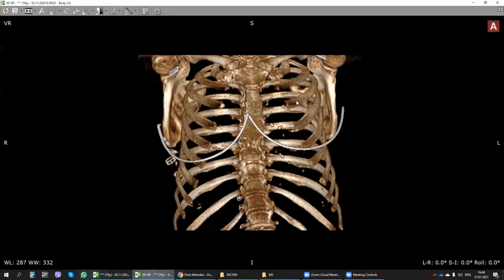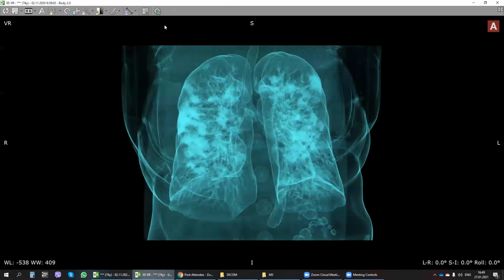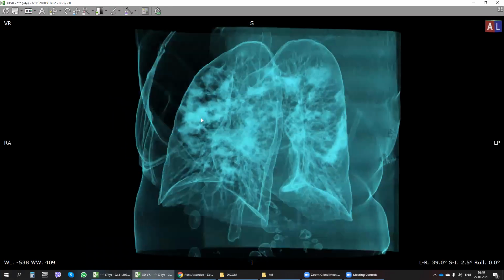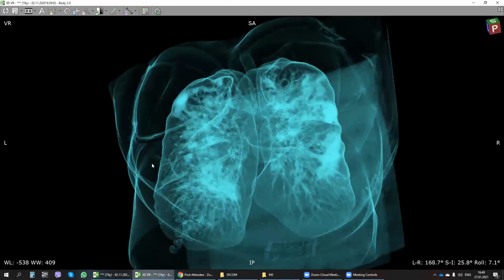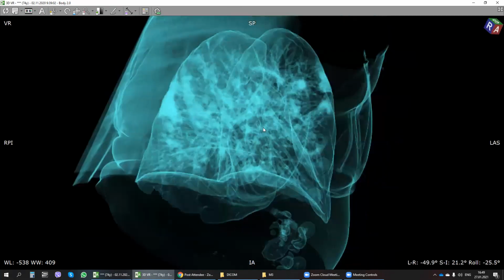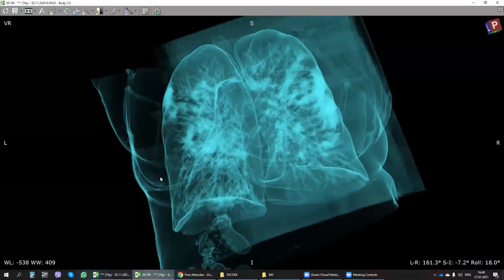As you can see here, the lungs cannot be seen right now. We can use different modes. For instance, we can switch to the airway mode here and look at this image in 3 dimensions. And we can see very well these patchy bright regions. This is the COVID invasion.